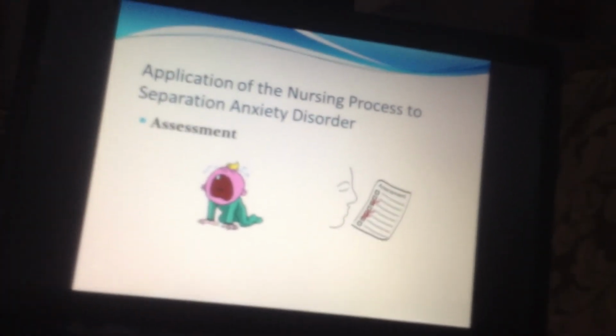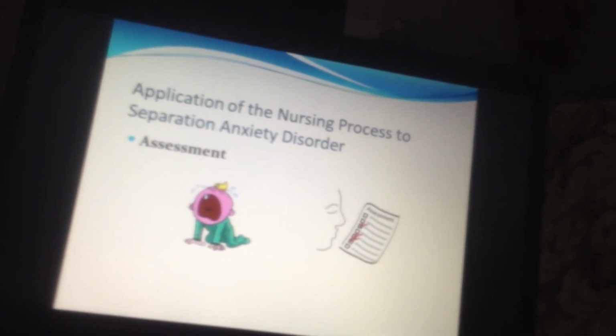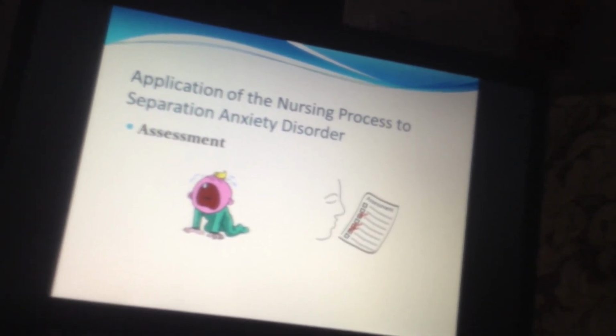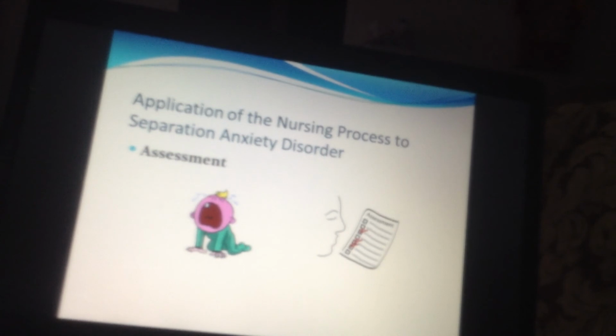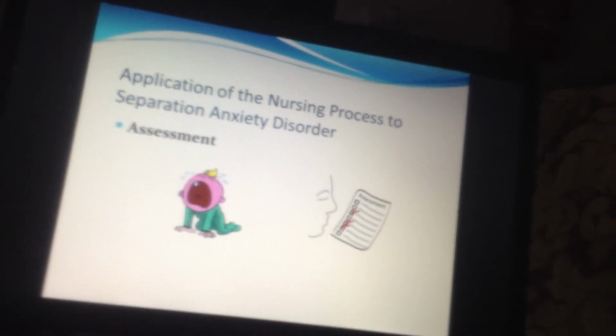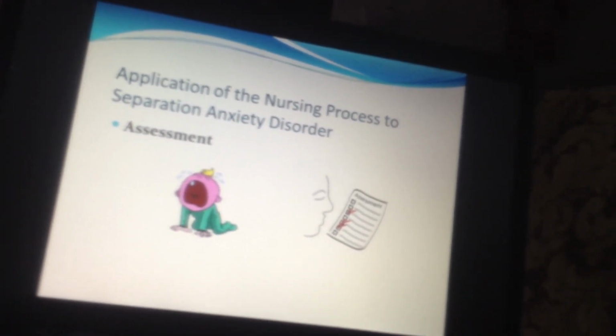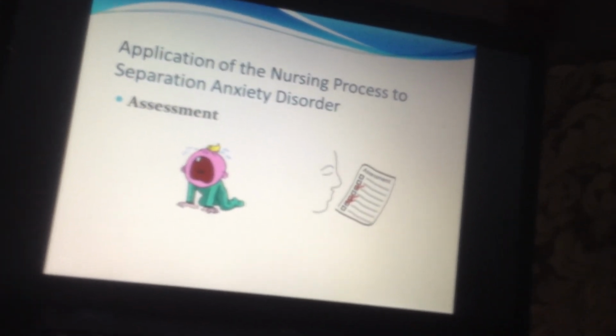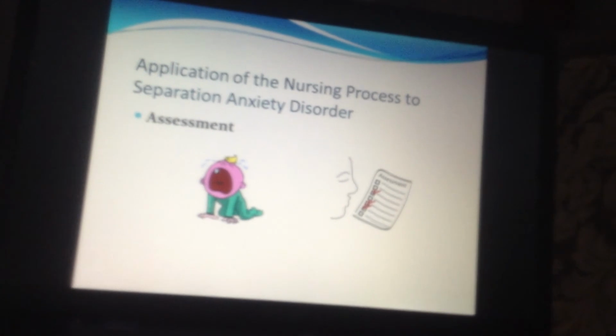Application of the nursing process. Now, as far as assessment, you will see that these kids have difficulty separating from their mother, so they may have symptoms such as crying, tantrums, screaming, and clinging behaviors. If it is an adolescent, you'll see that they are very reluctant, or they may refuse to attend school. They may have specific phobias as well.